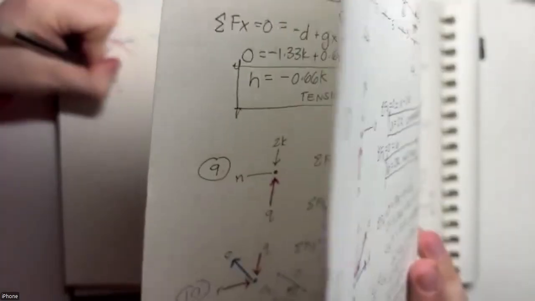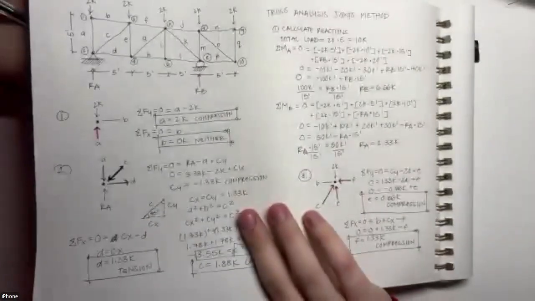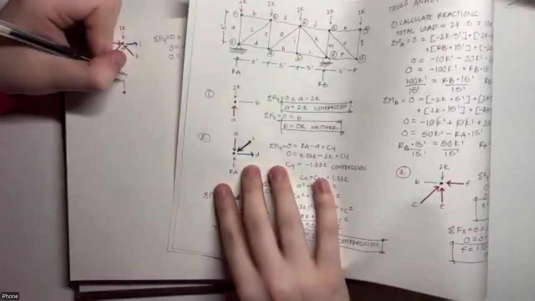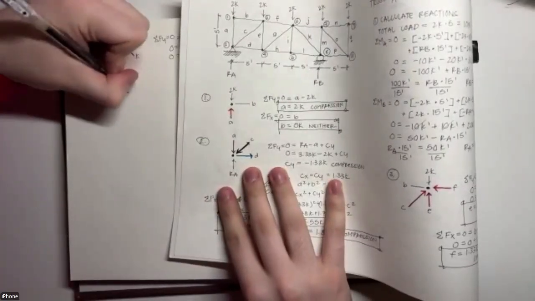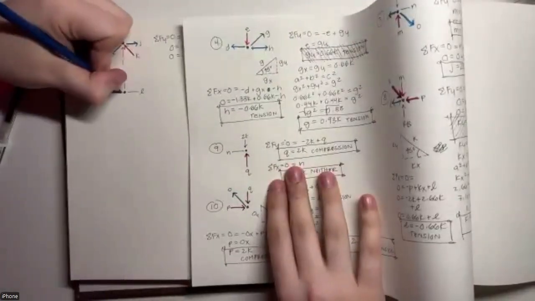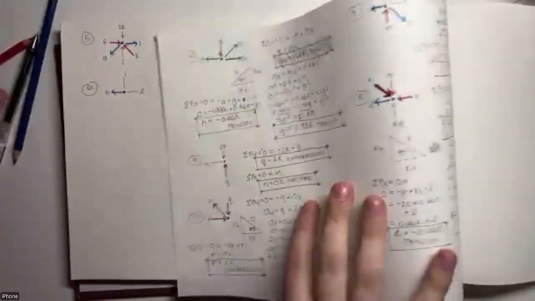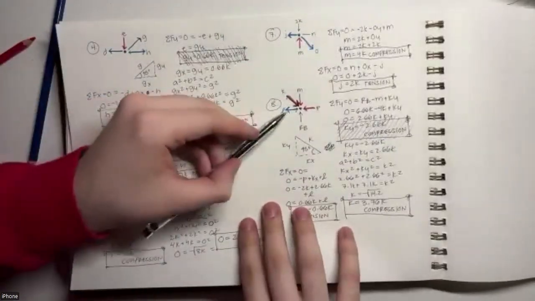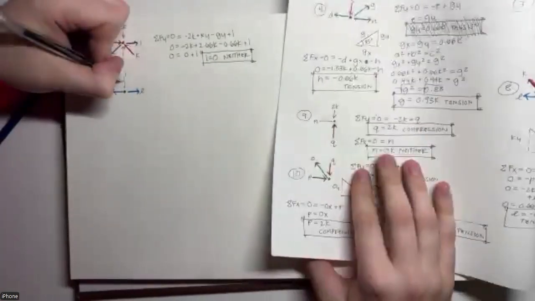So I'm going to say joint 6, and we've got I, and we've got H and L. I know that H is in tension, and I know that L is in tension, and I is 0.